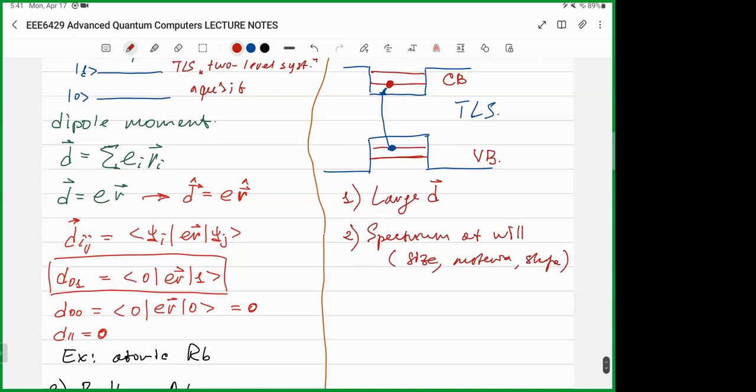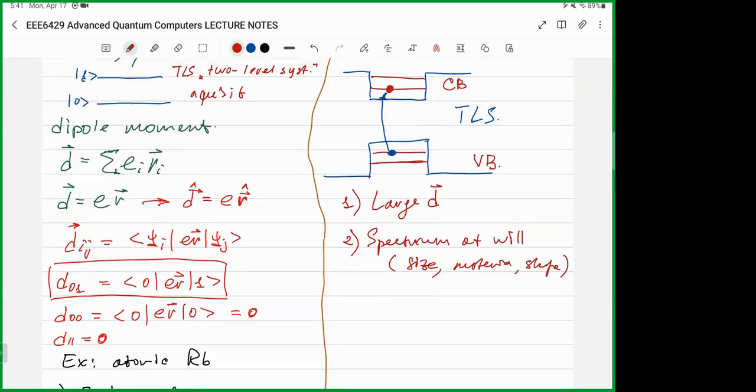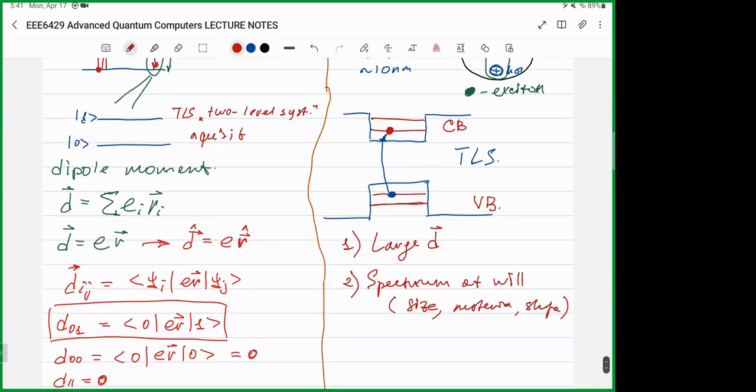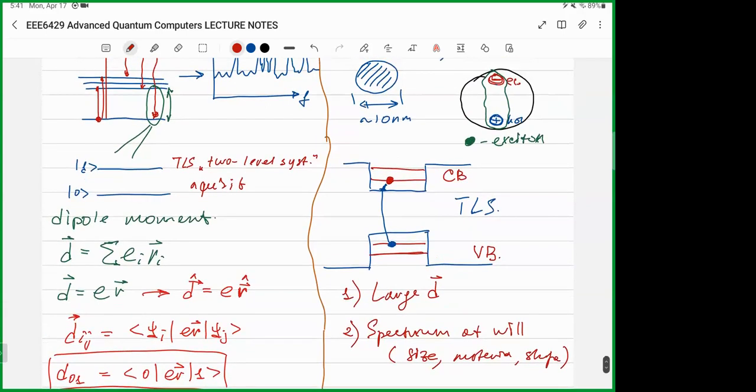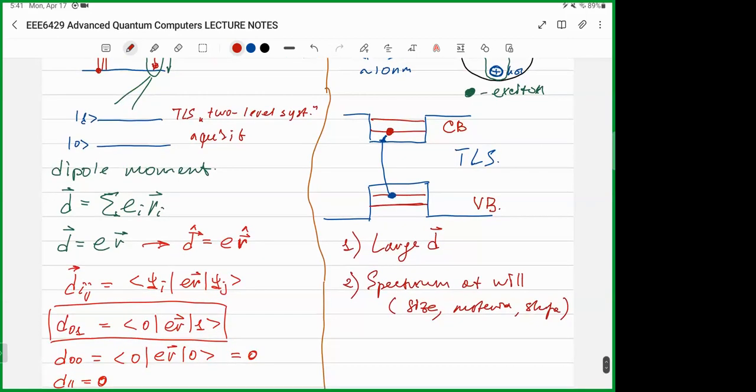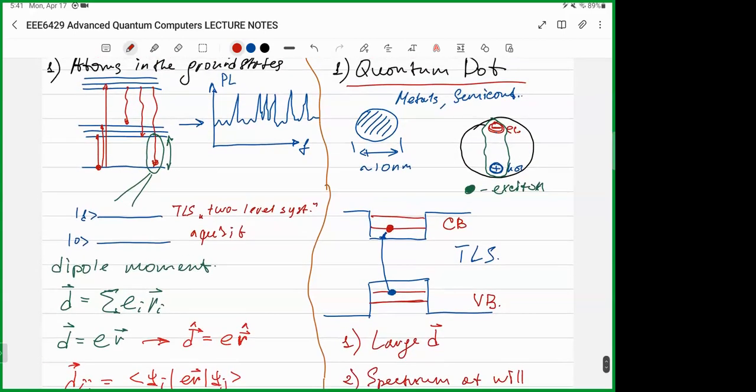You can change this energy spectrum in a very accurate way, and you can adjust your system to the frequency or energy of interest.